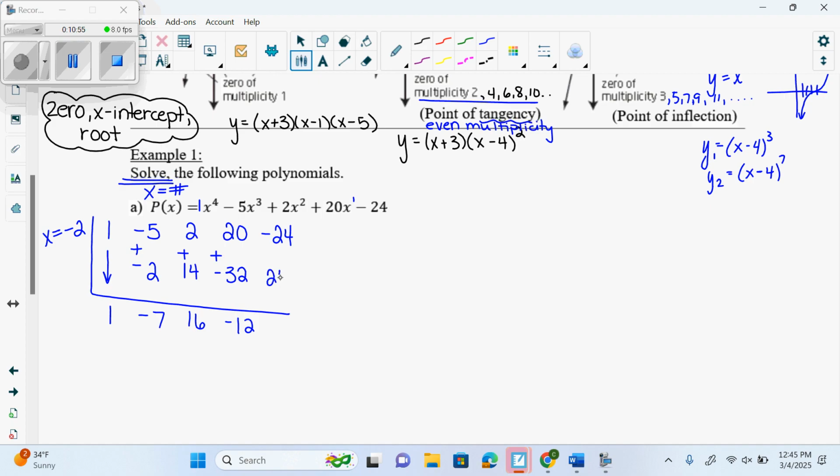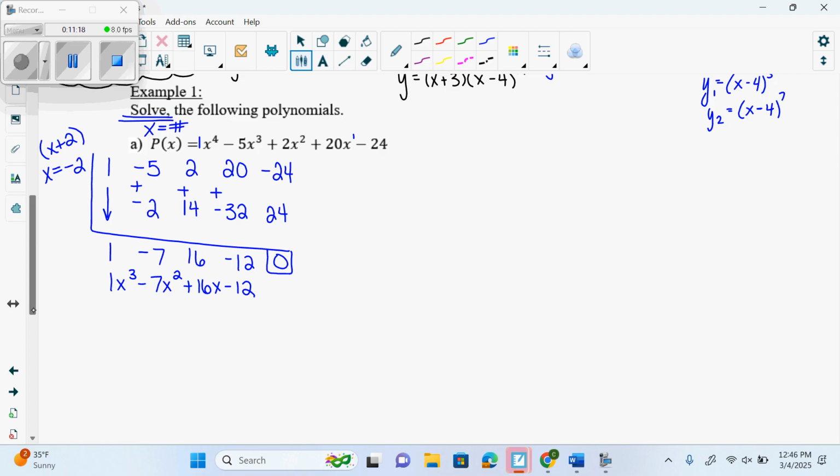Multiply, 24. Add it, 0. And then it's dropped by 1, correct? Because we GCF 1 out. We had an x plus 2 up here. So this is going to be 1x cubed minus 7x squared plus 16x minus 12. How do we factor that?